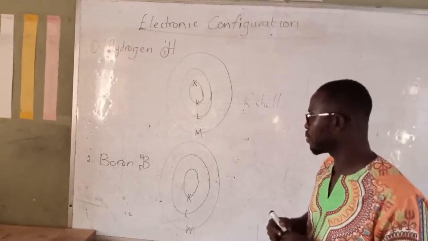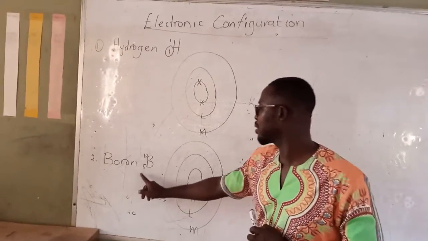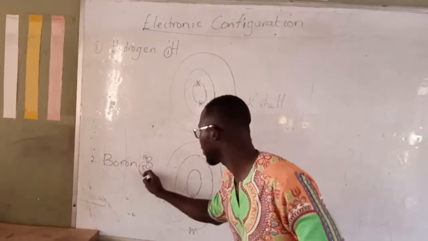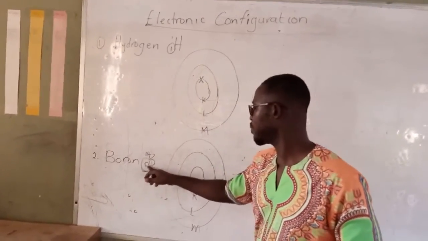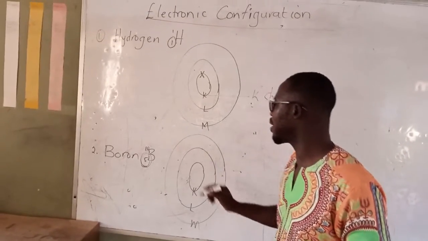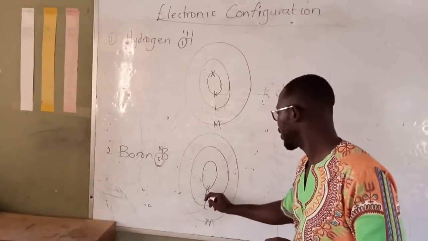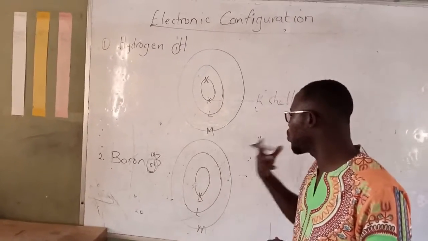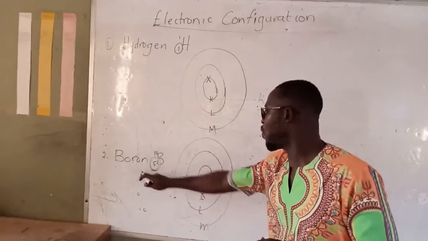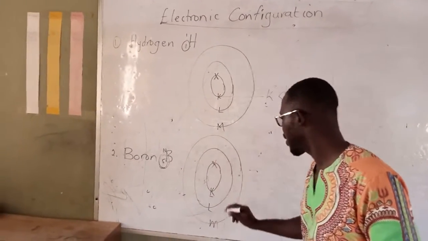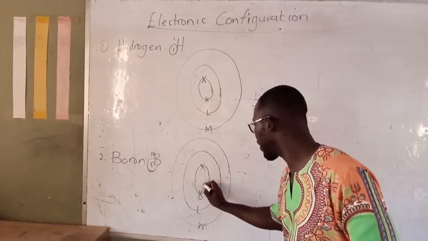Boron has 5 electrons. Look at it. The first shell, which is the K shell, can accommodate only 2 electrons from boron. So the first electron 1, and then the second electron 2.